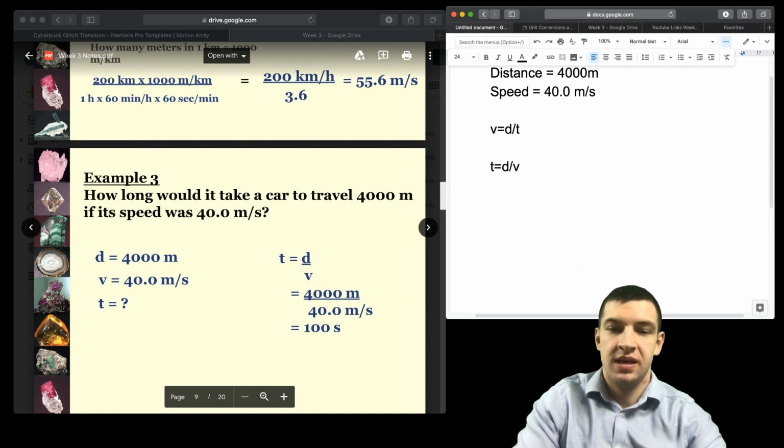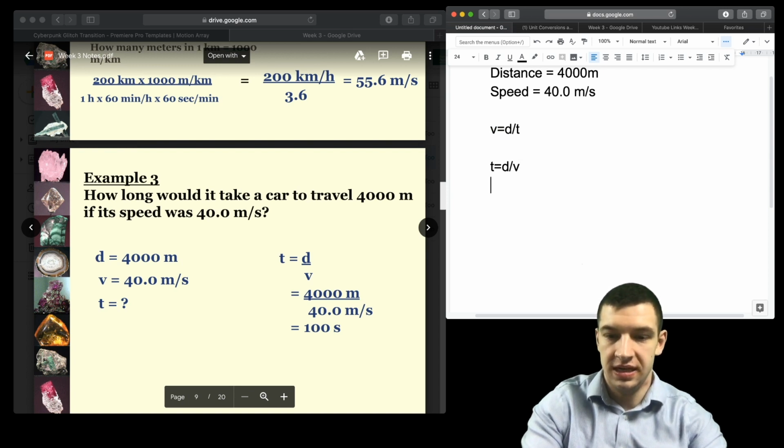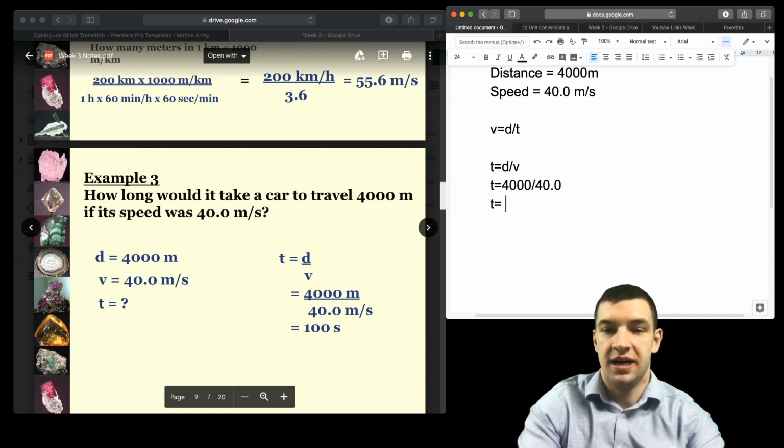All right. And then basically what we do is we put in our numbers here. So t equals 4,000 divided by velocity, which is 40.0. And t equals, you guessed it, 100 seconds.